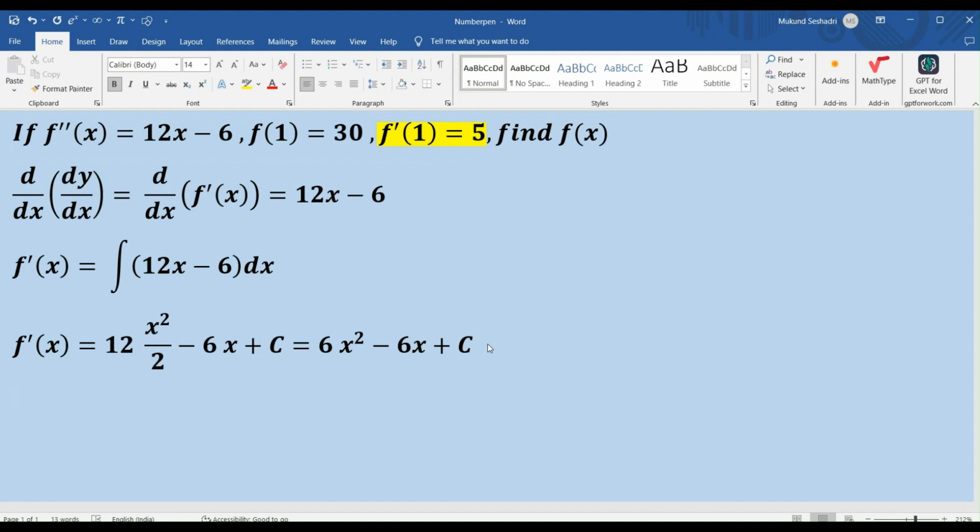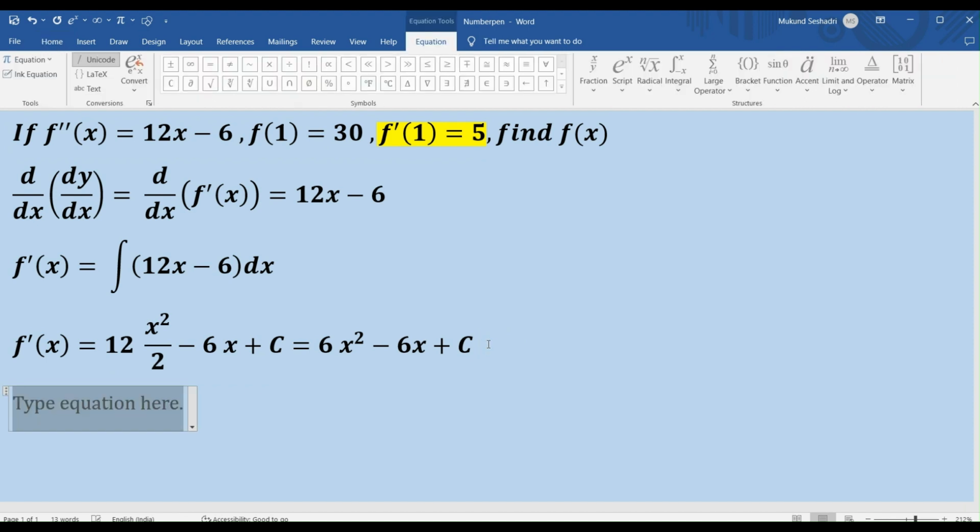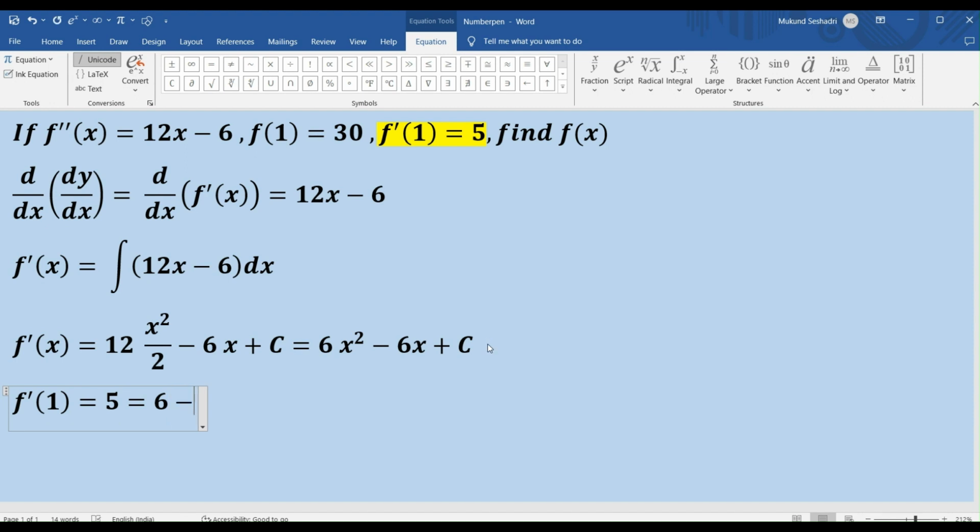I put x equal to 1 in this equation, and I've been given f dash of 1 equals 5, which means 6x squared minus 6x plus c equals 5. My 6x squared when x equals 1 is 6, and 6x when x equals 1 is also 6, plus c, which makes my c equal to 5, right?